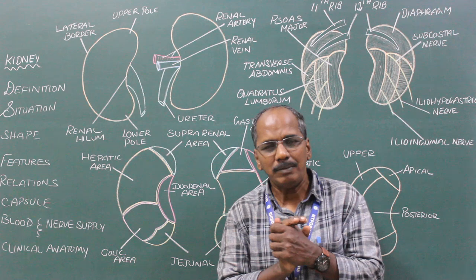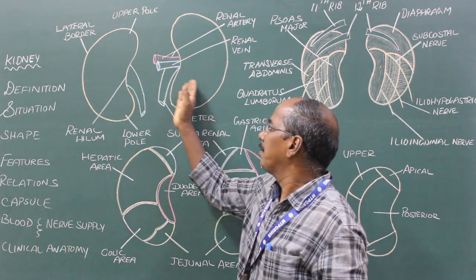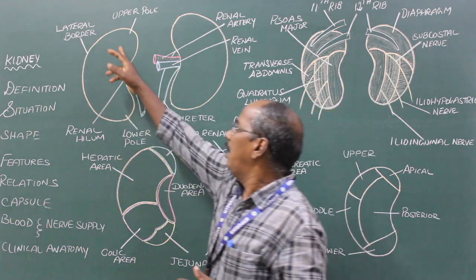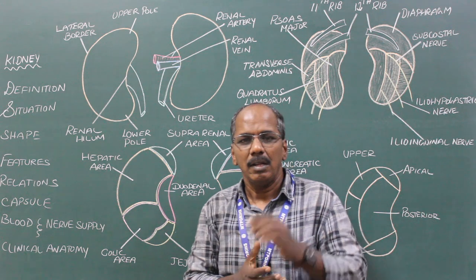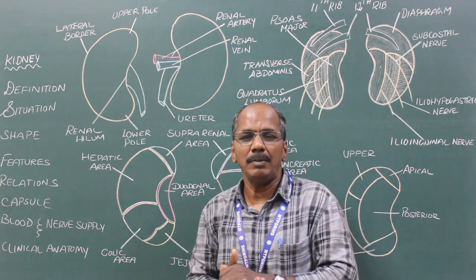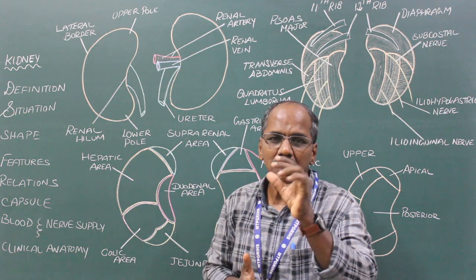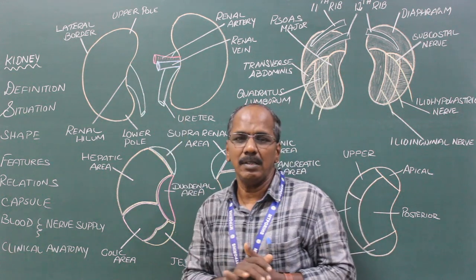Shape and measurements. Each kidney is bean shaped and it measures about 11 into 6 into 3 centimeters. That is, the length is about 11 centimeters, breadth is 6 centimeters and anteroposterior width is 3 centimeters. External features.